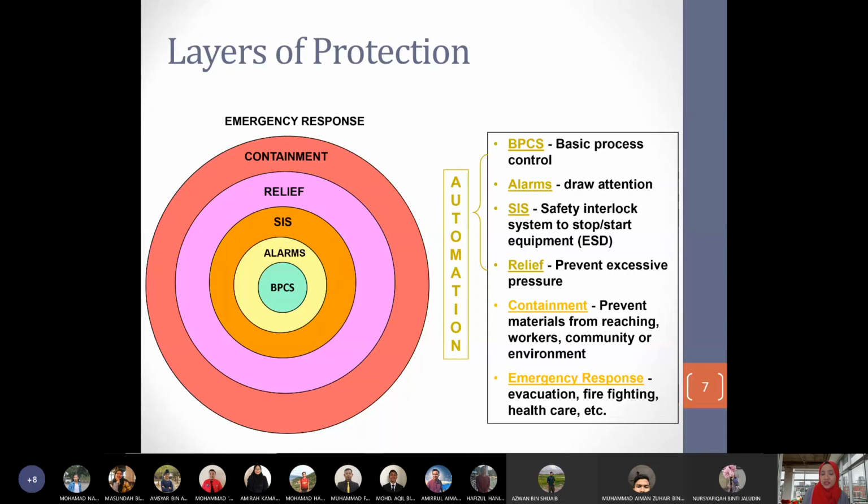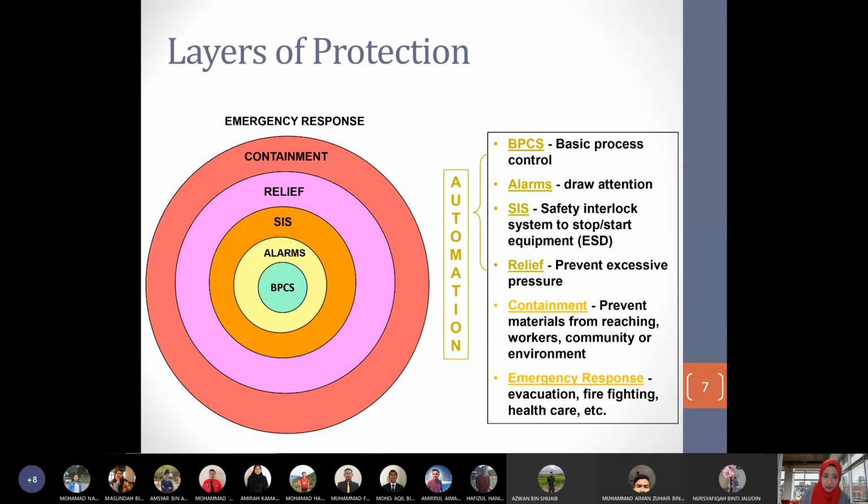So once the alarm system is on, you draw the attention of people, and then the relief system is also on. Then it is time for human intervention to do containment, where you reach out to workers, community or environment, whether you evacuate them, whether you start to suppress the fire using a fire extinguisher and so on.